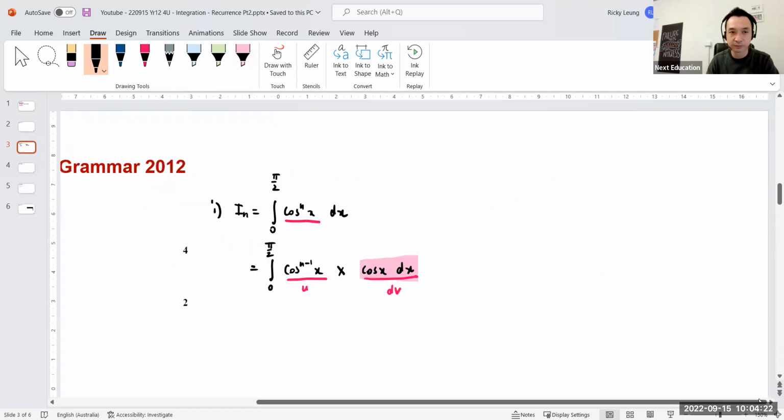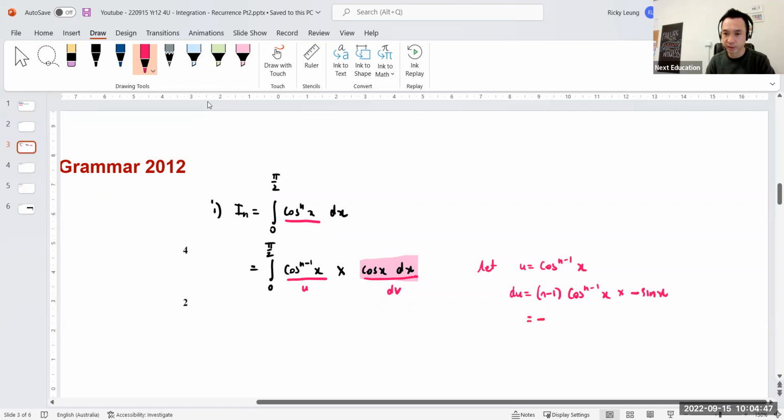So let u equal to cos n minus 1 x. So differentiate that. So du equals, bring down the minus 1, apply the chain rule here, n minus 2 x multiplied by derivative of, now derivative of cos is negative, right? So negative sine x.